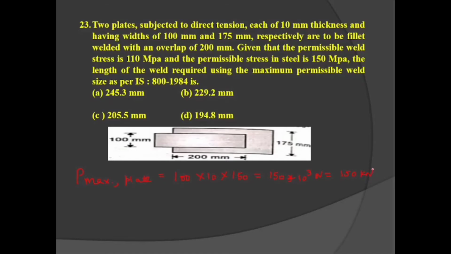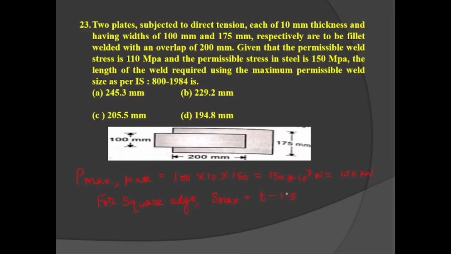Now the thickness of the plate is given as 10 mm. So for a square edge, S maximum is equal to T minus 1.5 mm, because here a square edge is there, not a rounded edge. For a square edge connection, S maximum is equal to T minus 1.5 mm.